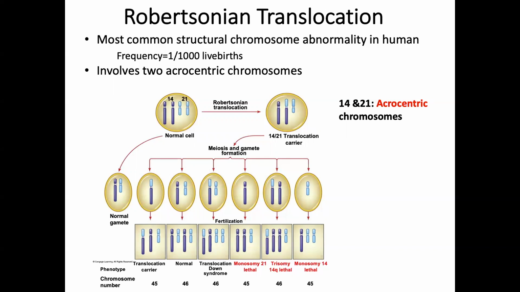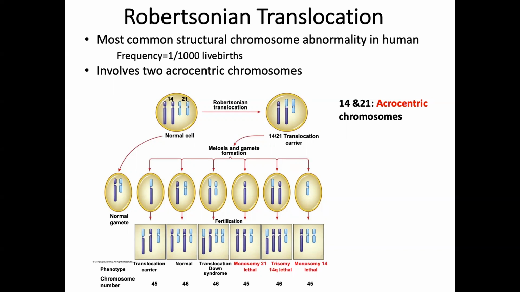In humans, the Robertsonian translocations occur in the 5 acrocentric chromosome pairs. We just learned that, right? Those are the chromosome pairs where the short arms, or P arms, are very, very short, okay? So these chromosomes are 13, 14, 15, 21, and 22.